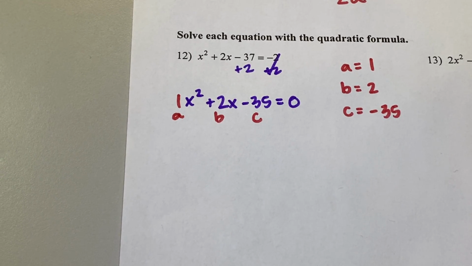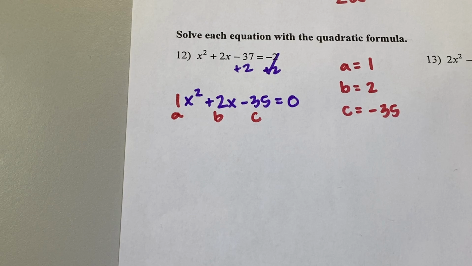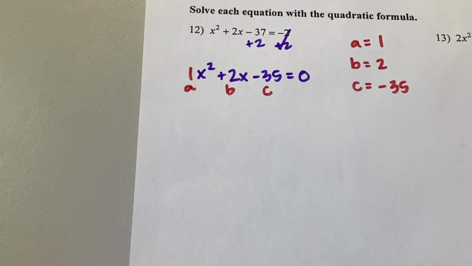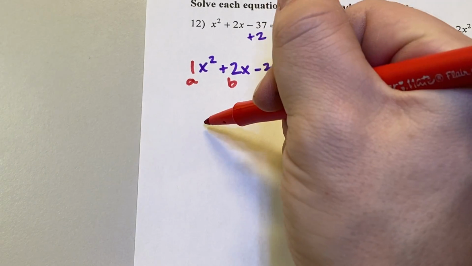Alrighty. Okay, so here comes the annoying part. Plug A, B, and C into the formula where they go. So it's going to look something like this.